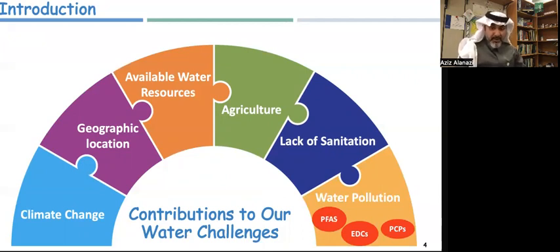Water pollution and lack of sanitation systems result in many people drinking unsafe water and even untreated water, even in areas where drinking water is treated. Now we have emerging contaminants that pose short-term and long-term health effects.